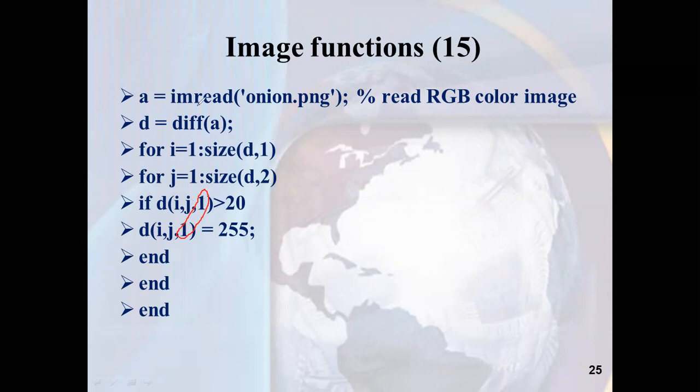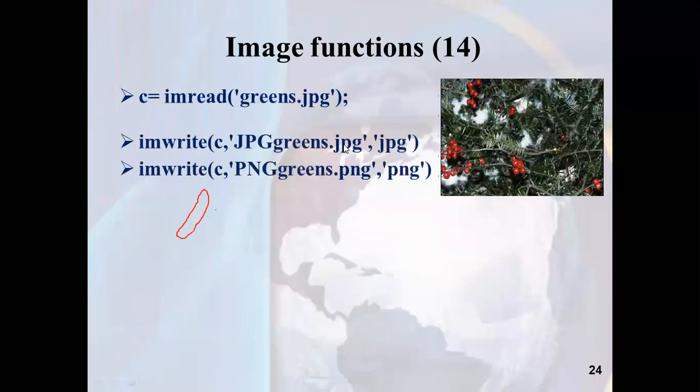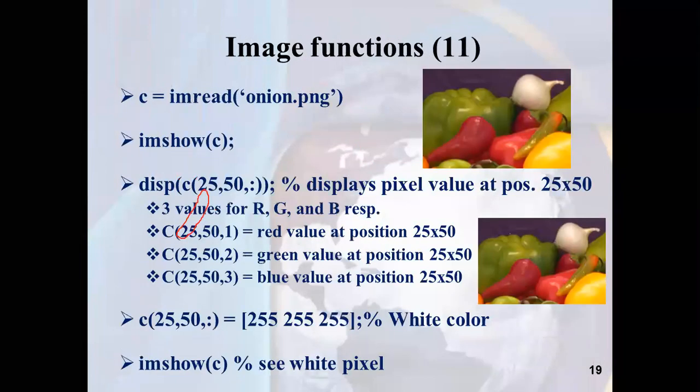So I make this difference just for the red channel, and we will obtain this image by using image show. This is the onion. This is the image onion here. This is the onion, and we make the difference.